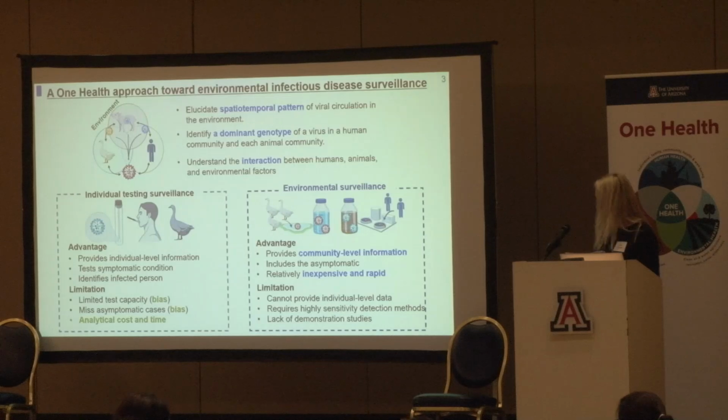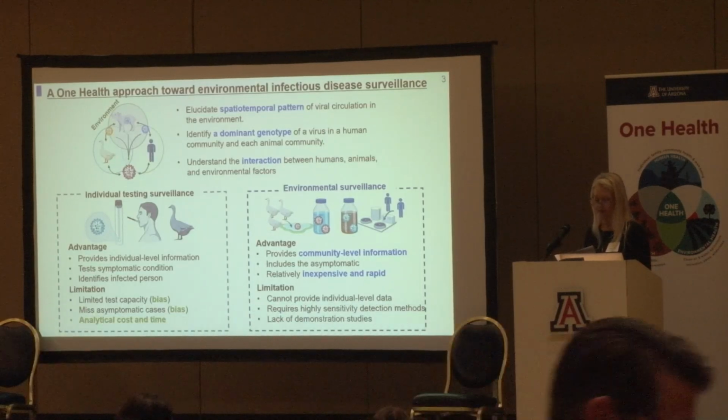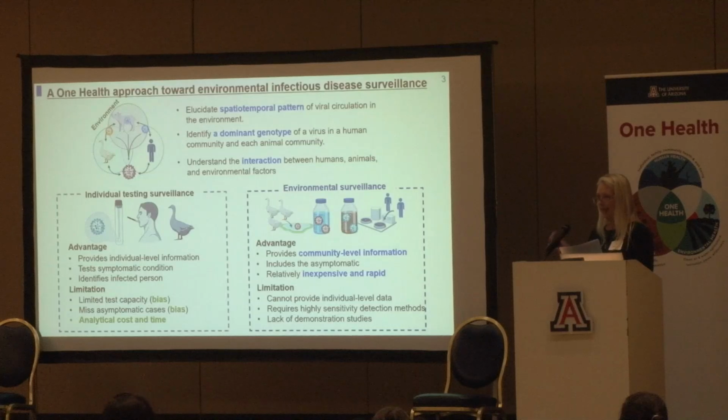So the One Health approach aims to balance and optimize the health of people, animals, and the environment. And by applying this type of approach to surveying influenza A viruses, we can get useful epidemiological information such as the spatiotemporal pattern of viral circulation in the environment and how these viruses are interacting between these different environments, people, and animals.